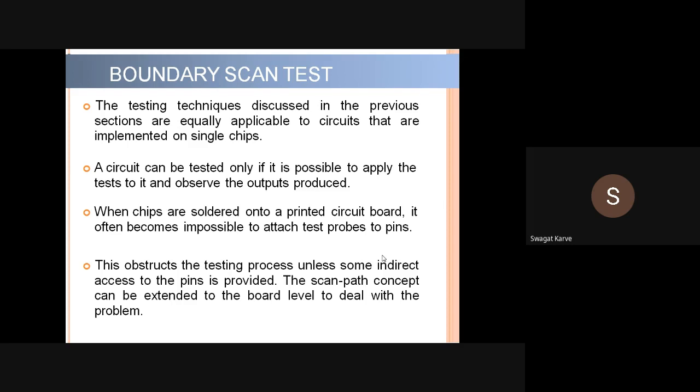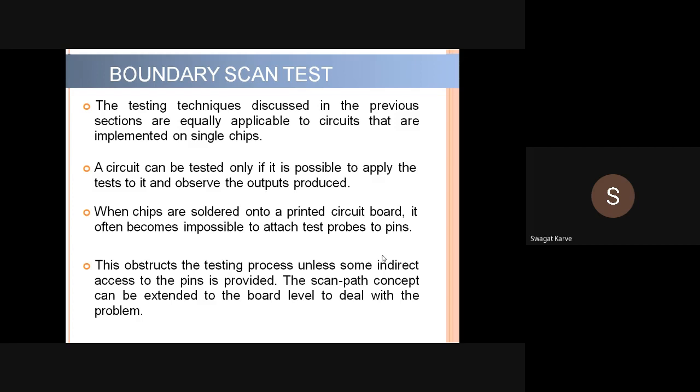Now, why do we require this JTAG? The testing techniques that we have used can be implemented on chip, that means built-in, or the circuit, the DUT, design under test, can be checked with some external methods.